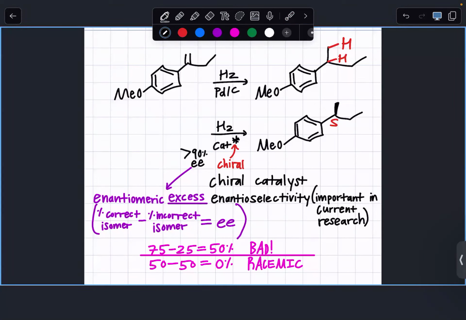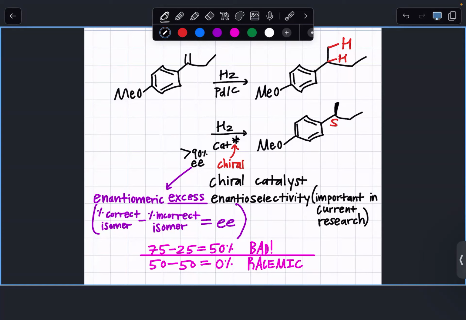And this right here is an enantioselective reaction, because if you use a specific catalyst to prefer one enantiomer over the other, like in this case here, he used a catalyst that adds the hydrogen on the dash, right? If it locks the hydrogen on the dash, this is enantioselective because it selects for this enantiomer.